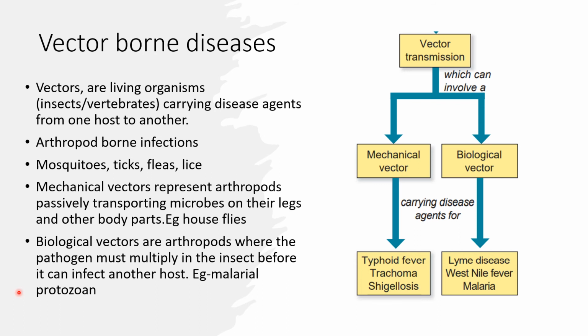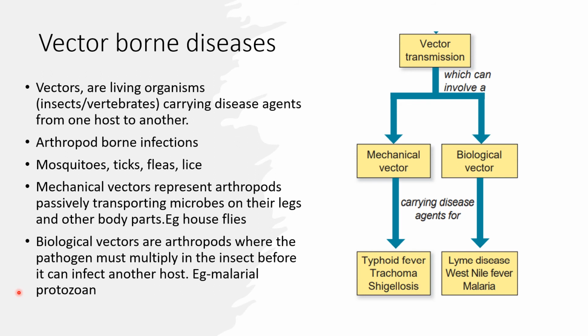Here, the vector is not only going to carry the pathogen, it is also going to act like an intermediate host, where the pathogen is going to multiply in number and then get transmitted to a person. For example, the malarial parasite. When it enters the mosquito, inside the mosquito's body, it will undergo a specific cycle.